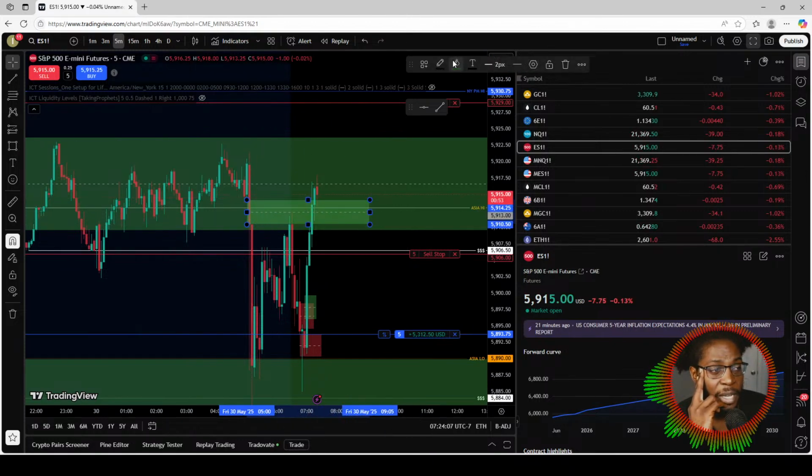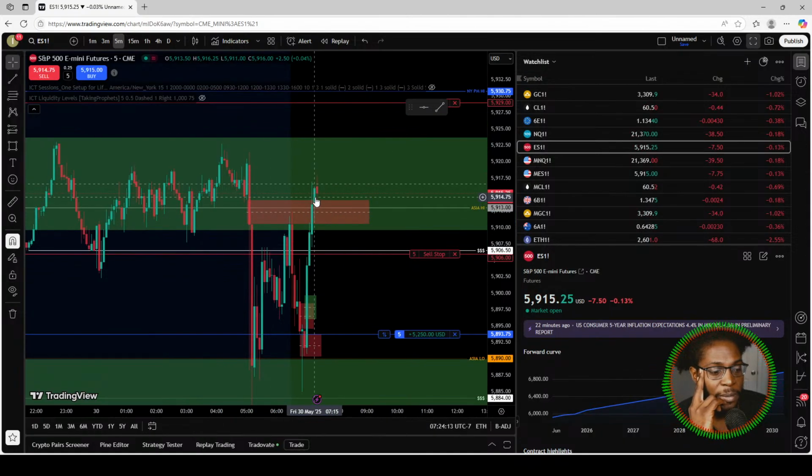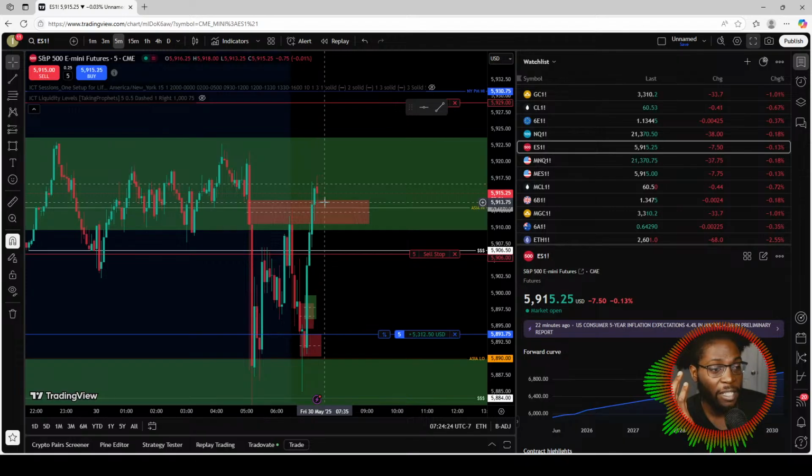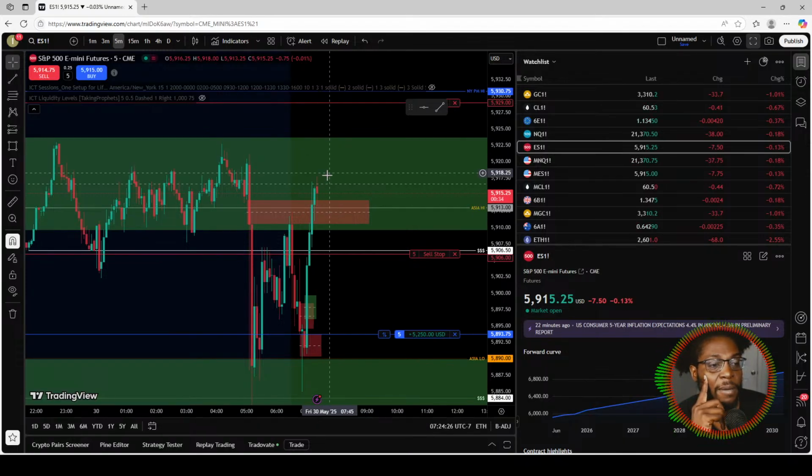I'm gonna make it red because it was part of the bearish move, so it's been inverted now. This green candle at 10:15 closed outside of it, and then now we have this 10:20 candle coming back and tapping into it. So it's valid for us to see some push higher, and that's what we got.